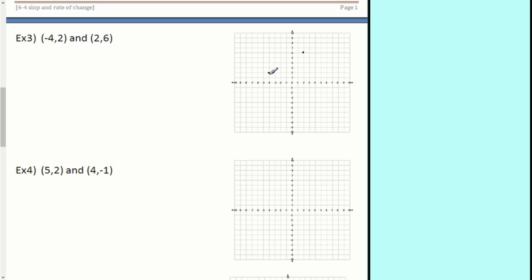Okay, so to get from this point to this point, because remember I always start with the left-hand point, do I go up or down? Well, I go up, how many? 1, 2, 3, 4, up 4. And then I go right, how many? 1, 2, 3, 4, 5, 6.